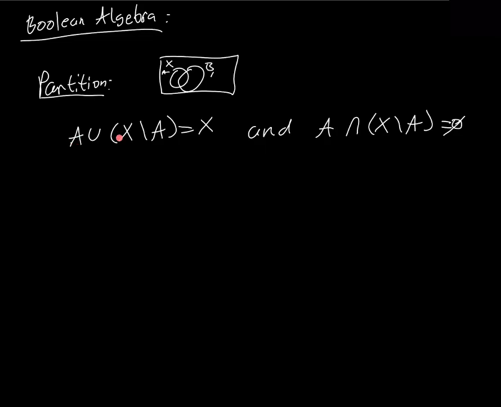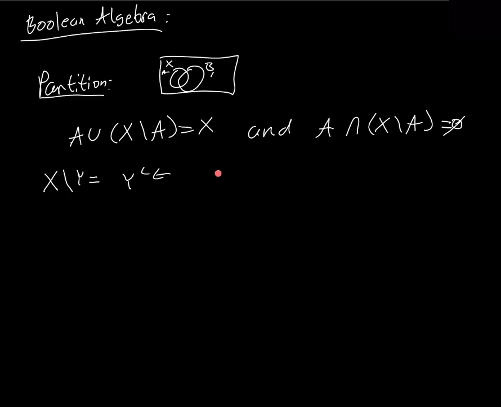If we take A and the complement, we can consider X minus A to be the complement of A, right? Because if we already established that X is our universal playground that we're working in, I'll just say the complement is the whole universe minus our little thing.